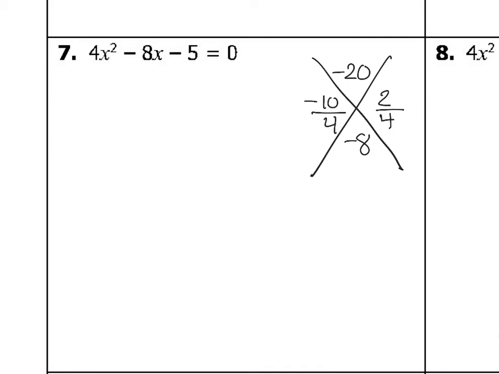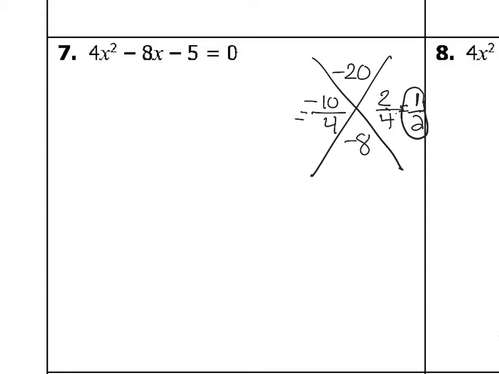So this fraction, it won't divide evenly, but I can reduce that fraction. And you need to reduce the fractions, okay? If you don't, you'll have to reduce it at the end. So just go ahead and reduce it now.